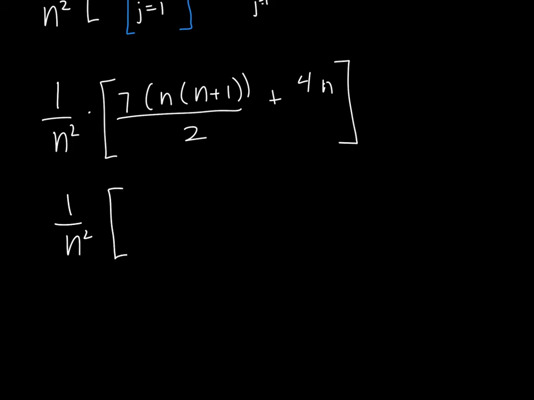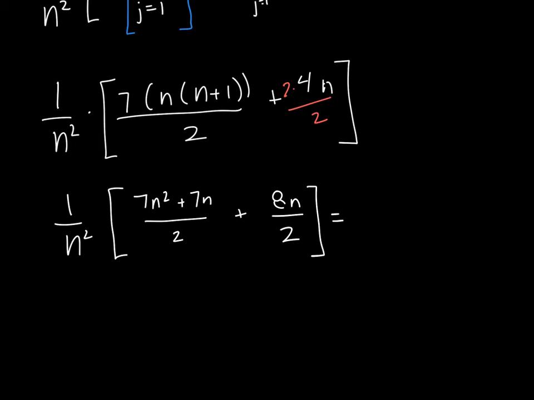I need to find a common denominator inside here. So I multiply out the numerator here, and I get 7n squared plus 7n all over 2, plus, I want a common denominator here, so I'm going to multiply that times 2 over 2, and then I'm going to get that as 8n all over 2. Now I combine everything and pull the 2 out, and I'm just left with 2n squared in the denominator.